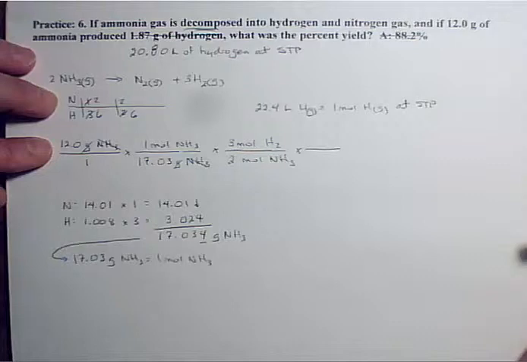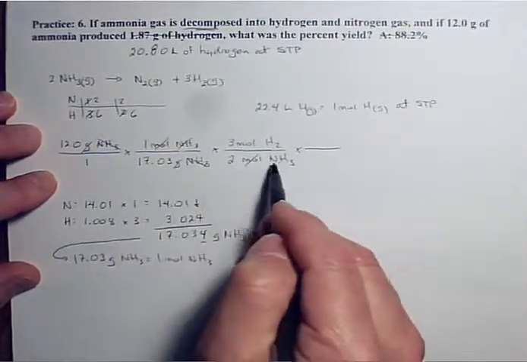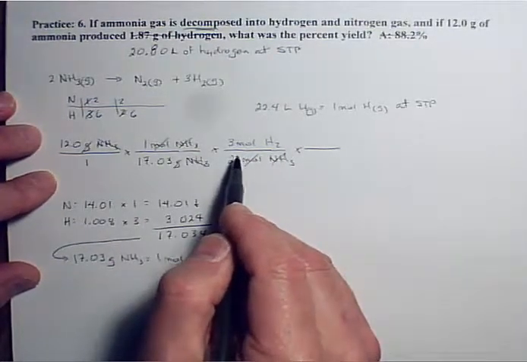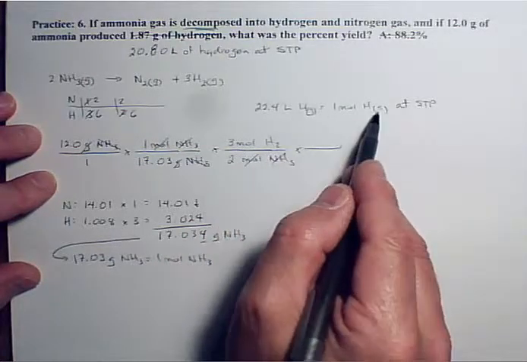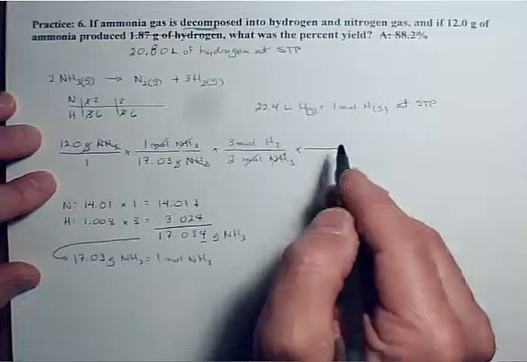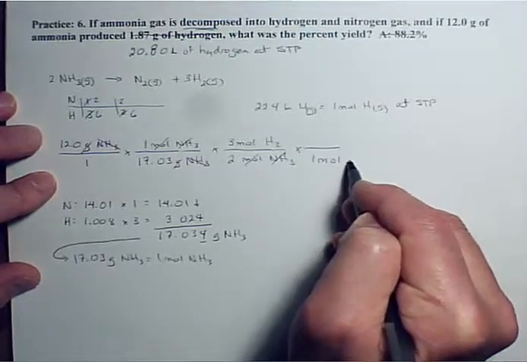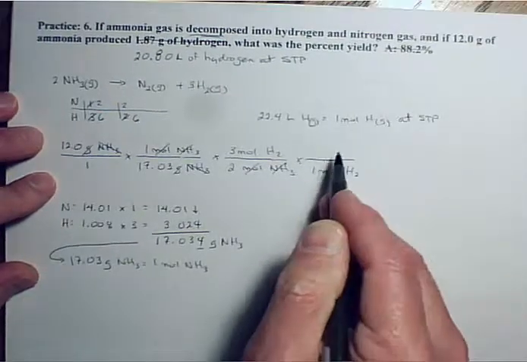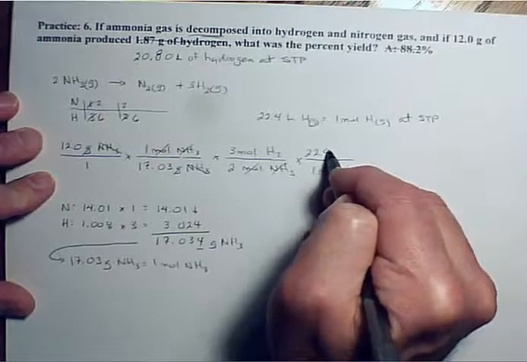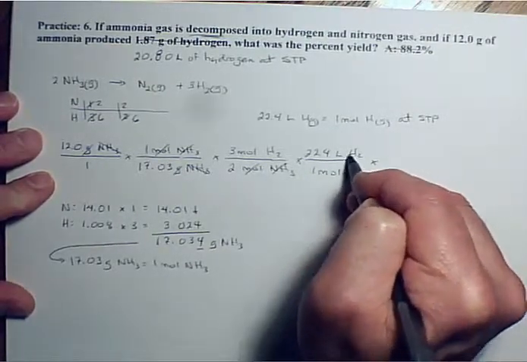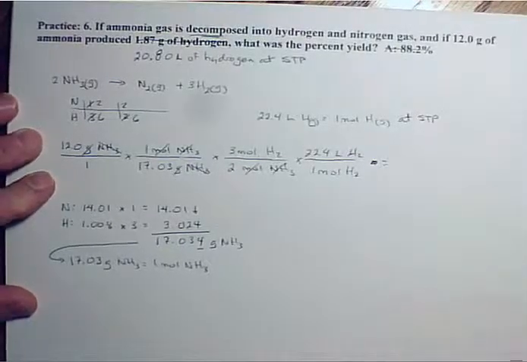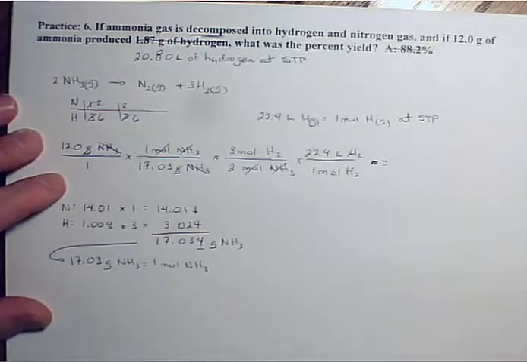And it is at STP. So moles of NH3 cancel. And then we've got moles of H2. Now we're going to convert to liters using this equality statement. 1 mole is going to go on the bottom. 22.4 liters is going to go on the top. Oh, not times. Equals. And we're ready to do this math.